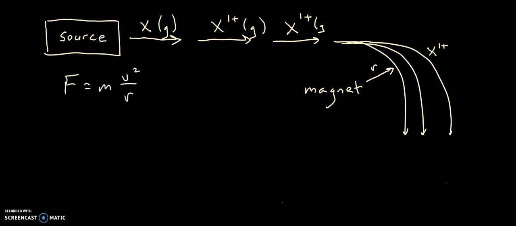If we look at a little bit of physics, the formula for centripetal force, F equals mv squared over r. So consequently, all these will experience the same force because the magnet's the same. An object that has a larger mass is going to have a larger radius of curvature than an object with a lesser mass. The radius at which it curves will be smaller.